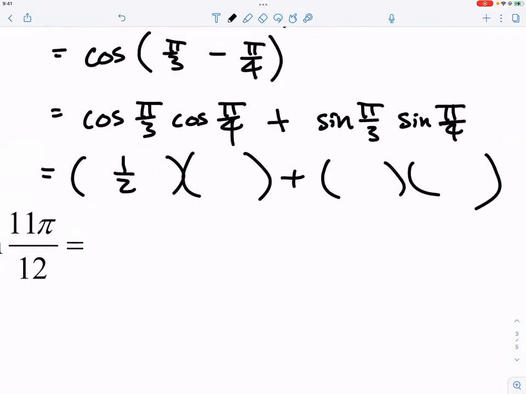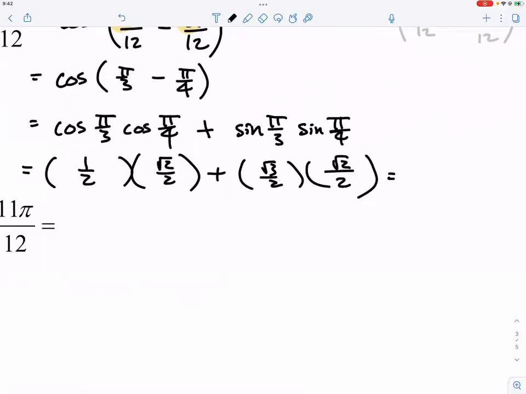So you probably would see a lot of fours in the denominator. So you have square root 2 plus square root 6, and then all over 4.